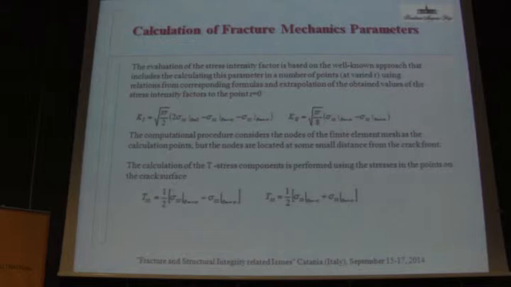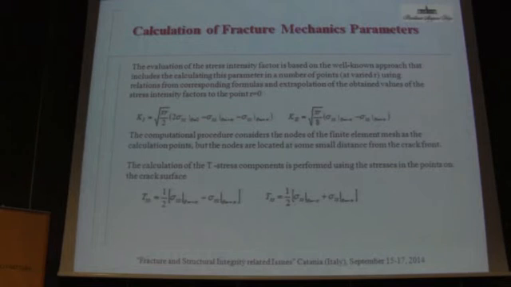So the calculation of stress intensity factor is based on a well-known approach that includes calculating this parameter at a number of points at varied distance using relationships from corresponding formulas and extrapolation of the obtained values of the stress intensity factor to the crack front.